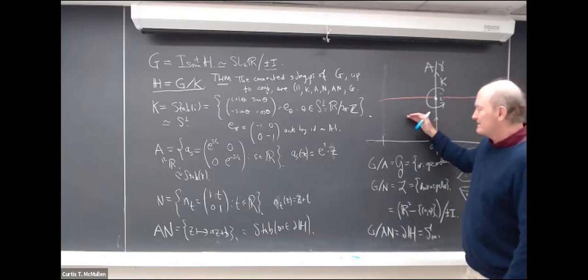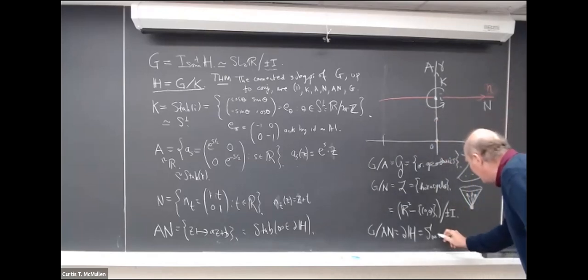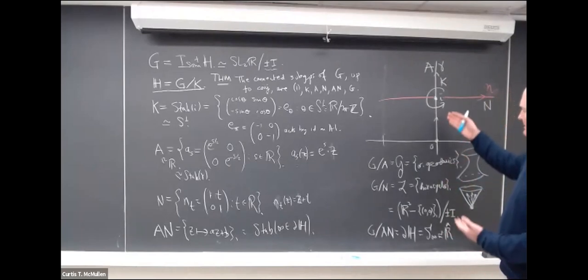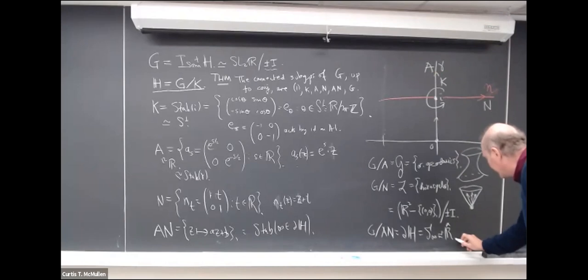In the upper half space model, it's concretely the real line with infinity added. In the disk model, it's concretely the boundary of the unit disk, which is just the unit circle.